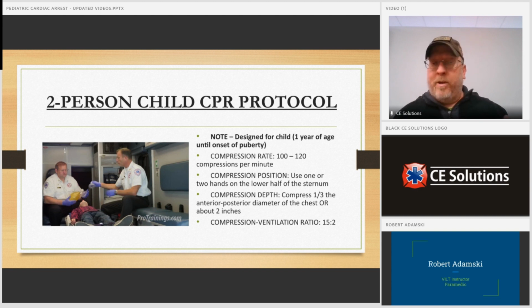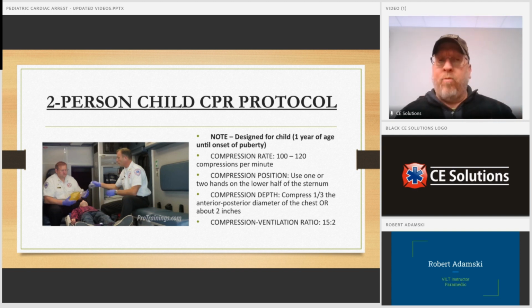So notice that once we switch over to two rescuers, we're doing professional rescuer CPR. The compression ventilation ratio changes to 15:2, 15 compressions and 2 breaths. The rationale for that, like I said previously, is that the underlying etiology or the cause of cardiac arrest in many, if not most, of our pediatric patients is an undiagnosed or undertreated respiratory problem, which then resulted in respiratory failure.